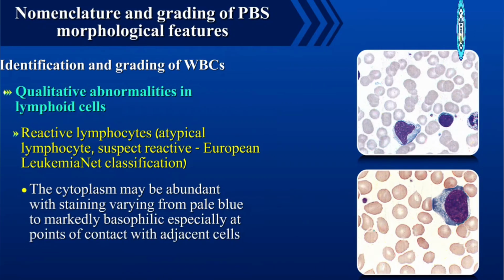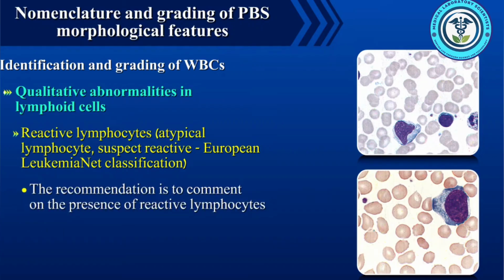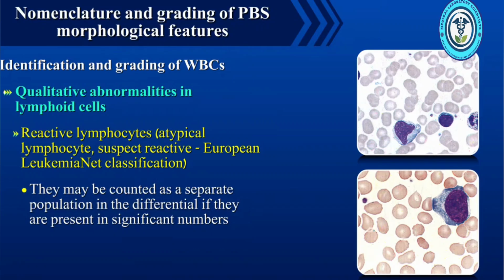The cytoplasm may be abundant with staining varying from pale blue to markedly basophilic, especially at points of contact with adjacent cells. The recommendation is to comment on the presence of reactive lymphocytes. They may be counted as a separate population in the differential if they are present in significant numbers.